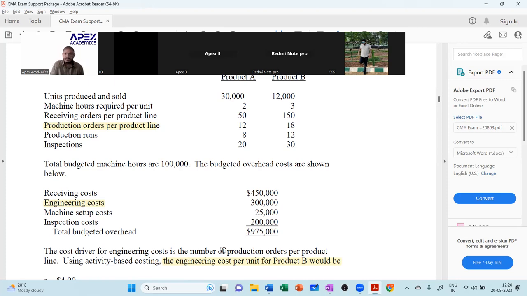It wants you to do activity-based costing because it is a far more informed, far more transparent, better way of doing cost allocation. I'm not saying no to that. You can do the apportionment of these overheads of 975 on the basis of these 100,000 machine hours by using the ratios.